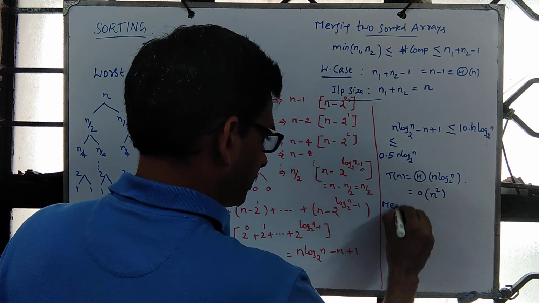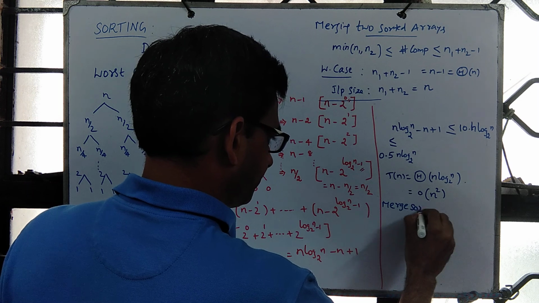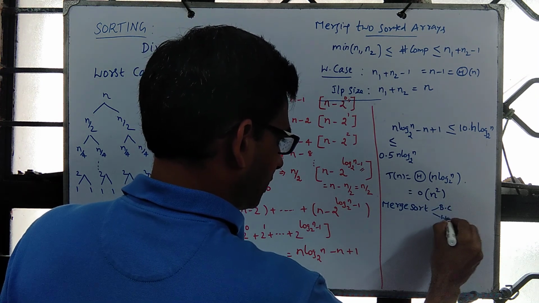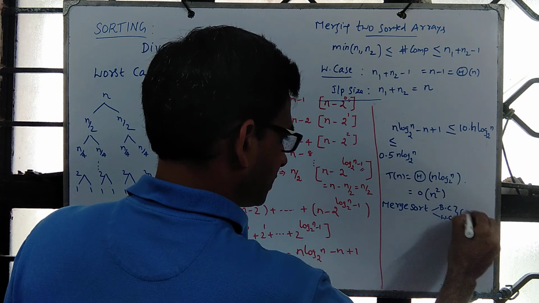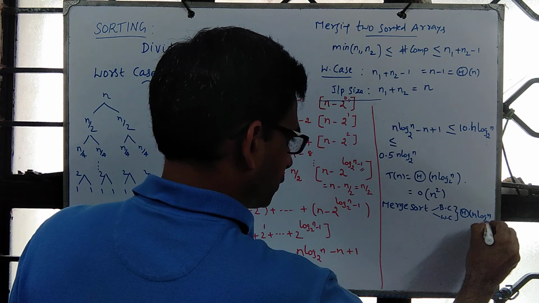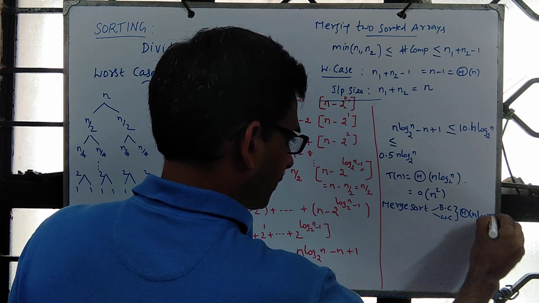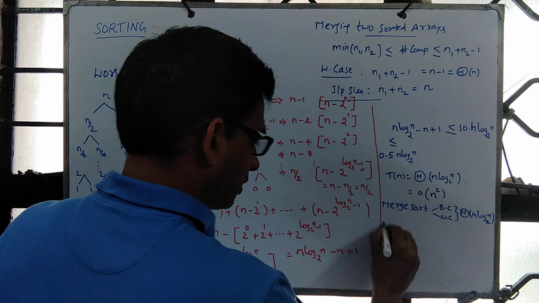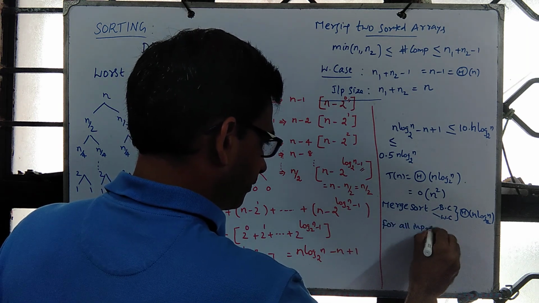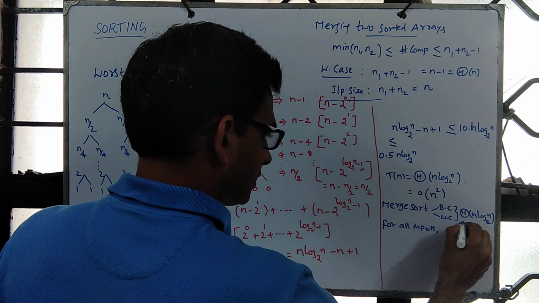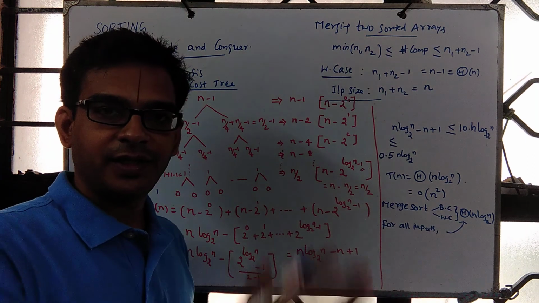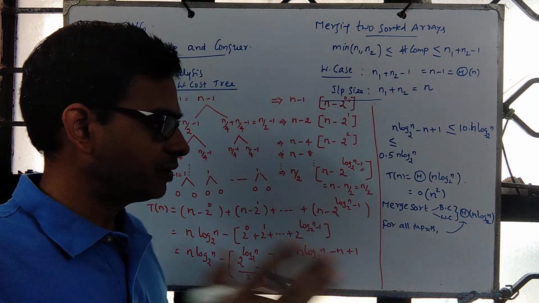The beauty here is merge sort both in best case and the worst case incurs theta of n log n base 2, which means for all inputs it incurs theta of n log n base 2. Correct? The left extreme is n log n base 2.